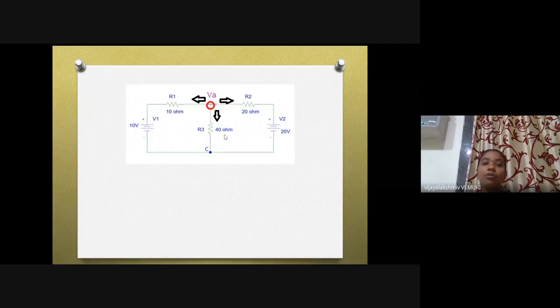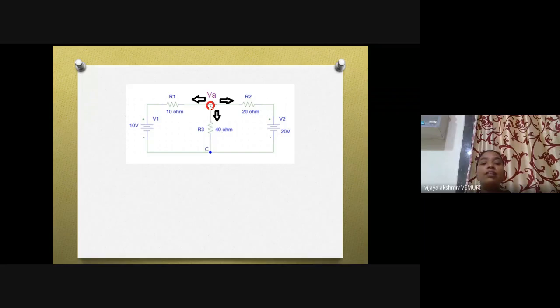Here also, at a non-reference node, you need to assume that the voltage at this particular node with respect to the reference is very, very high compared to any other voltage in the circuit. Either it may be 100 volts or 1000 volts or 10,000 volts, whatever it may be. Whenever you are applying KCL at a non-reference node, you assume that this node voltage is the highest voltage.